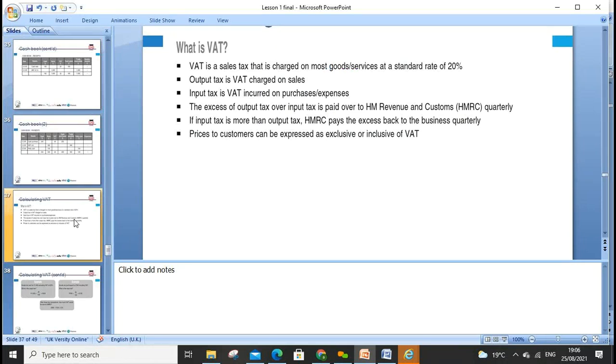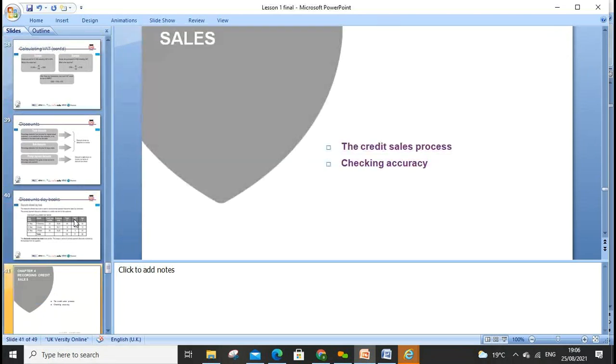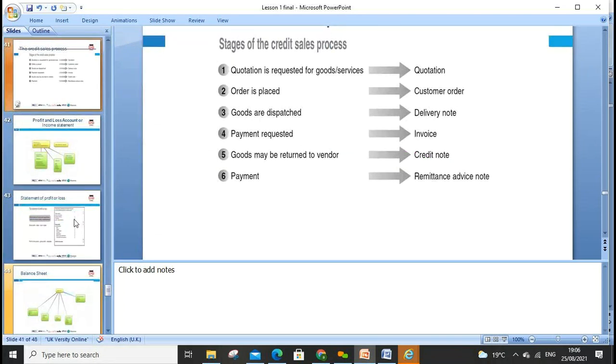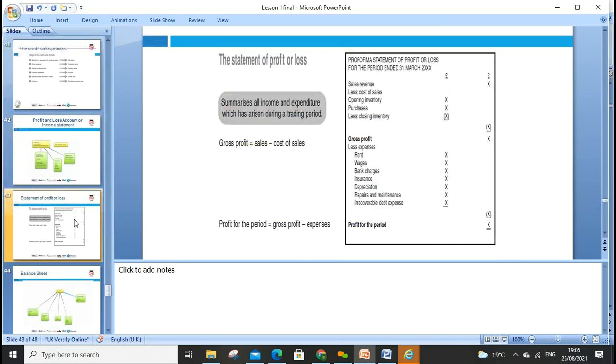What is VAT? The value added tax we record. VAT can be including VAT or excluding VAT. We always record these, and on that basis we can prepare our accounts. When we look at the profit and loss account, it shows our sales, cost of sales and expenses.